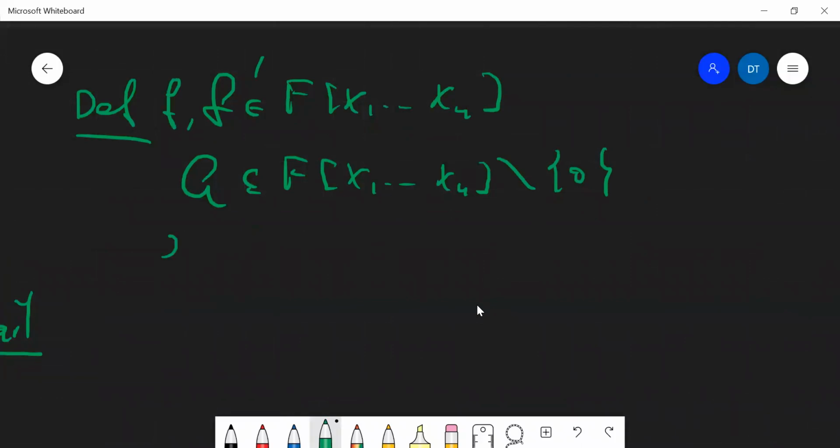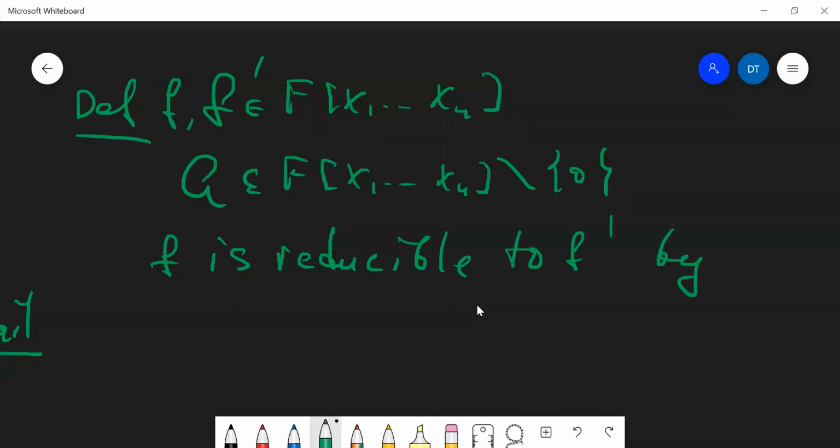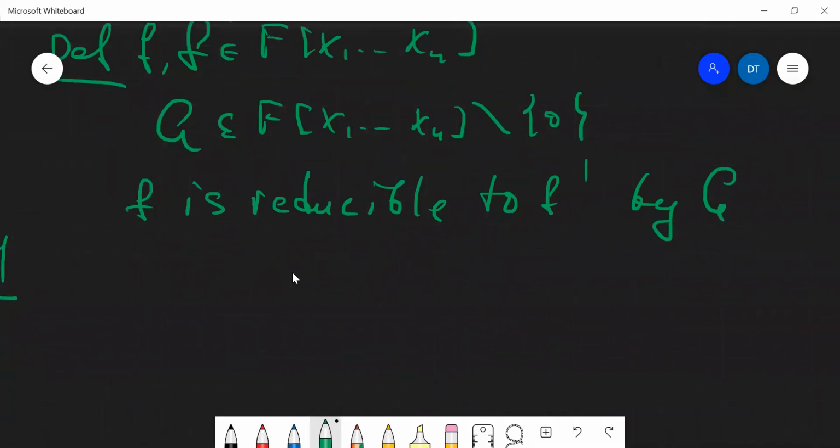I will say that f is reducible to f prime by g if there is a family of elementary reductions of this form. Let me write this down, and then I will explain everything that's written here.